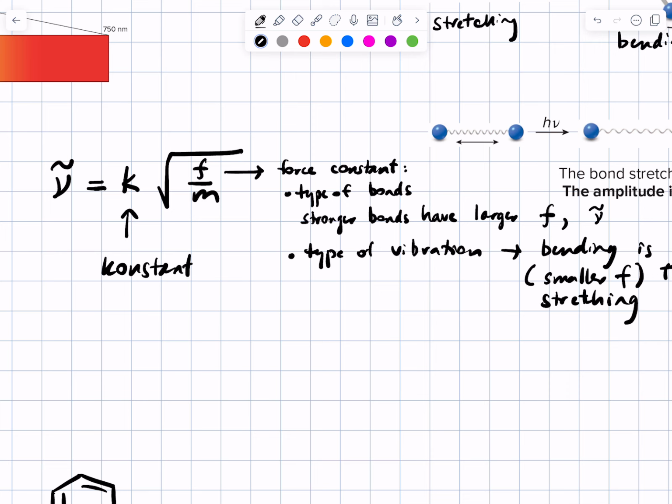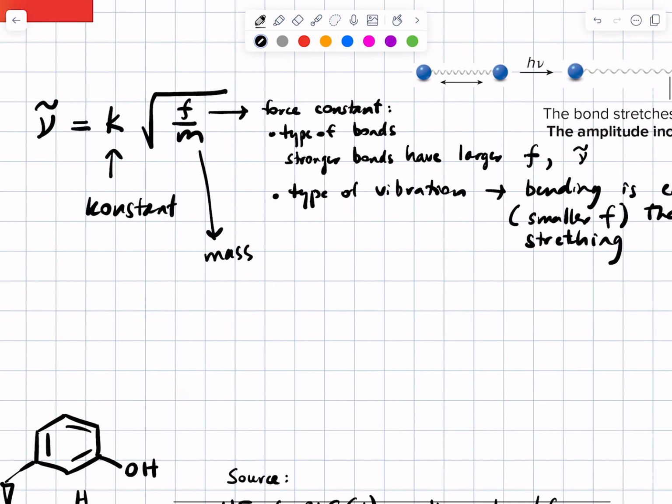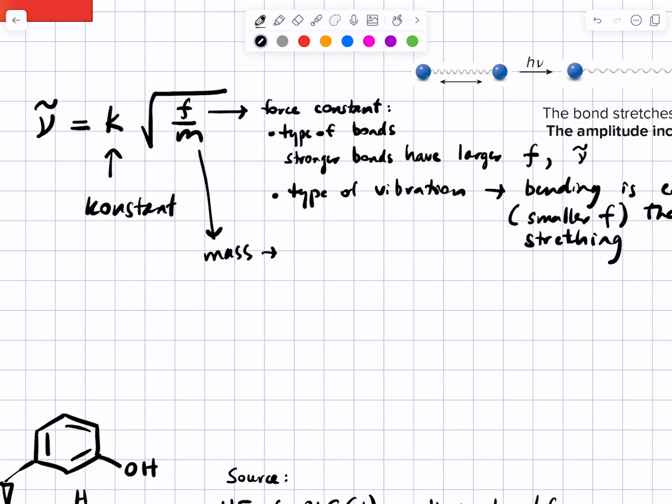Finally, and perhaps more importantly, m is the mass of the atoms attached to the spring. That's an oversimplification. You have to account for the masses of both particles, because there's two things, not just one, on either end of the spring. But in general, if the particles on either end of the spring are lower in mass, then the spring will vibrate at a higher frequency or a higher wave number.